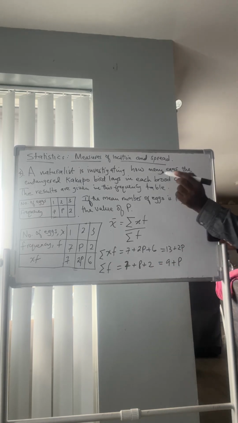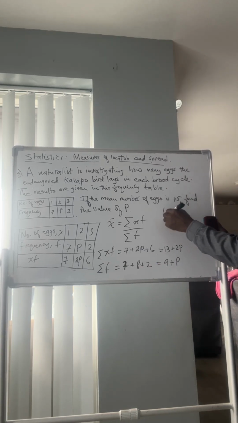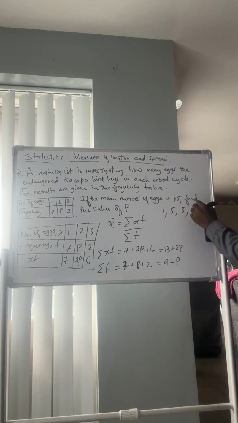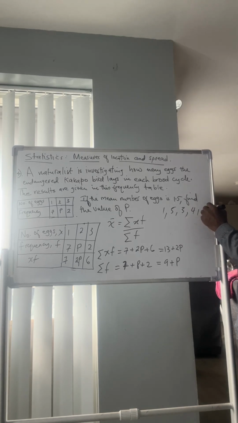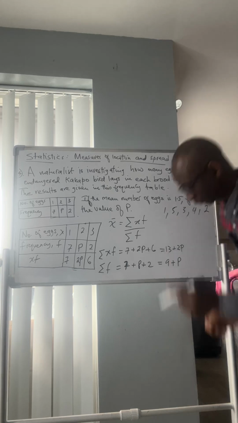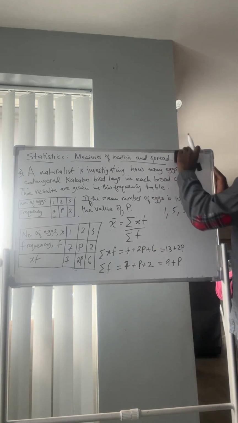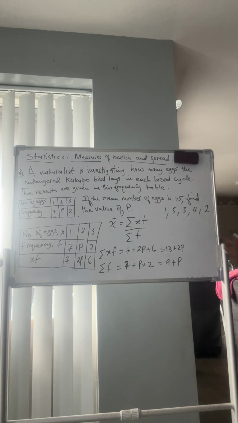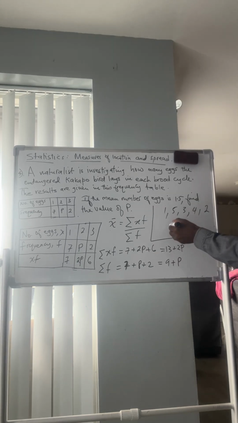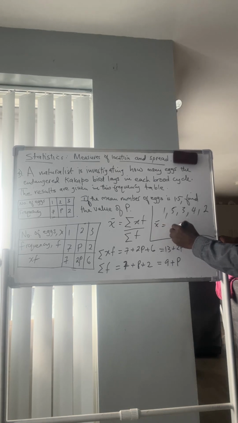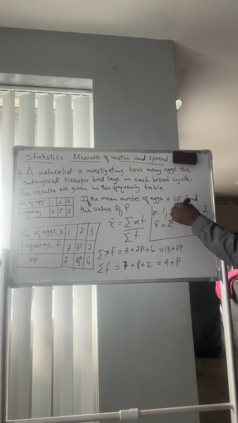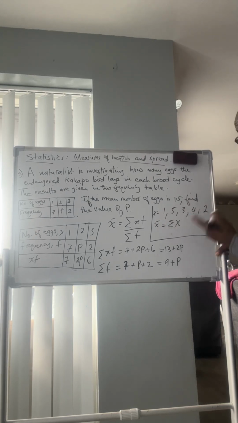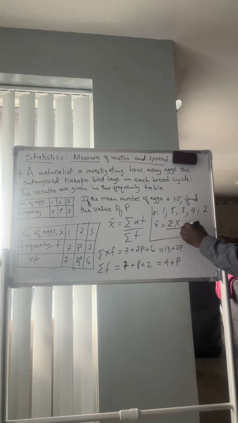If you are just asked to find the mean of 1, 5, 3, 4, let's say 2, there is no frequency given. So to find the mean, it's just the sum of all these x's, x1, x2, x3, x4, x5, all over how many of them, 5.